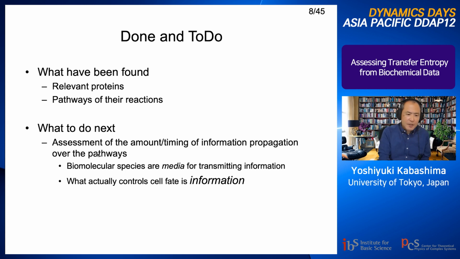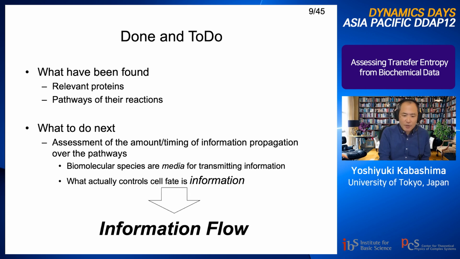This is because biomolecular species are just a medium for transmitting information, and what actually controls cell fate is information. So we want to know the information flow from the data.